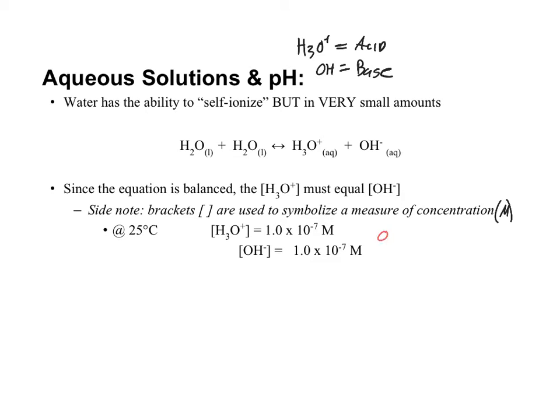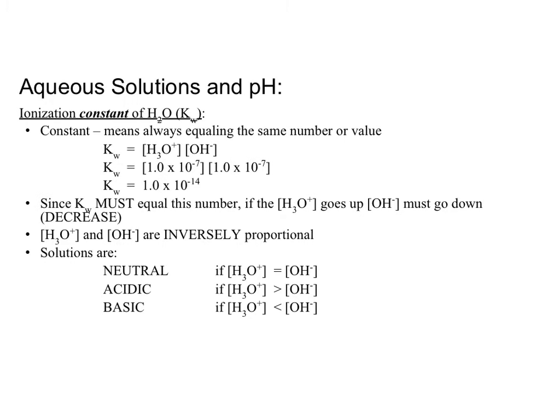For example, we're talking about that much H3O plus and that much OH minus at room temperature. So it's not a lot, but it is measurable, and it is something that we are able to keep track of. So water will self-ionize and produce this very, very small amount of H3O plus and OH minus, especially if it's considered pure water.